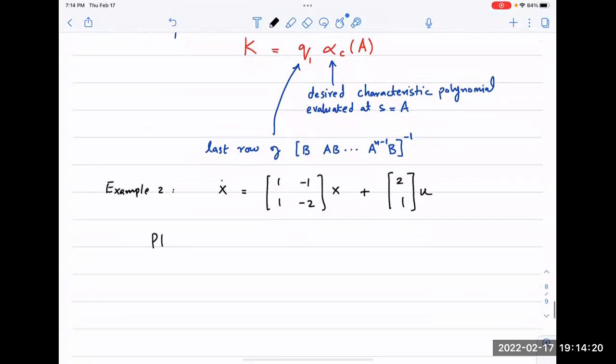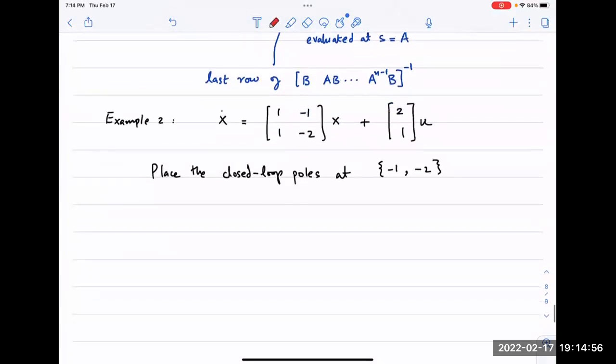Then the question is to place the closed loop poles at minus 1, minus 2. Right, so that's the goal of the problem. You can always go to the previous route, using that controller canonical form and then transforming this. But this Ackermann's formula, let's try doing this.